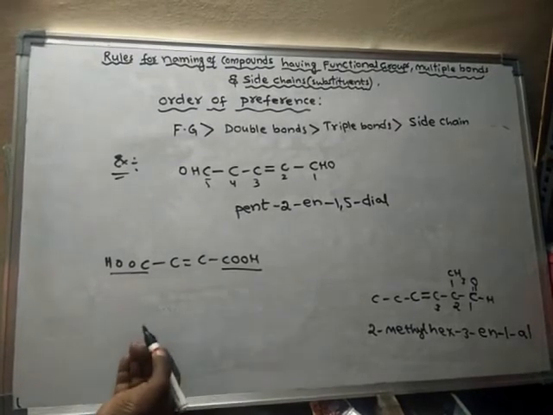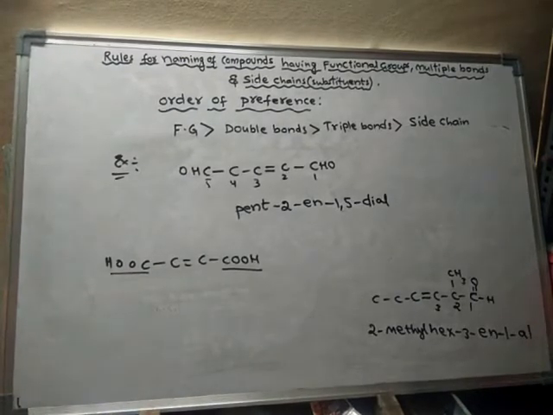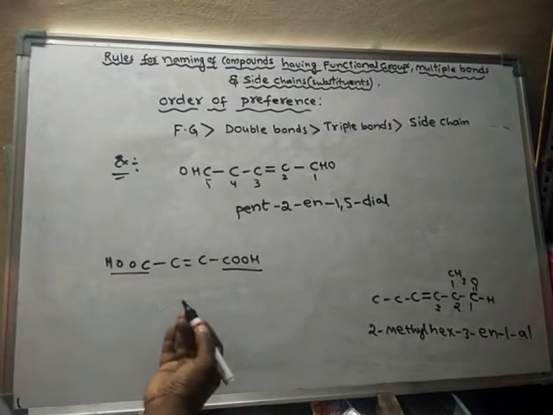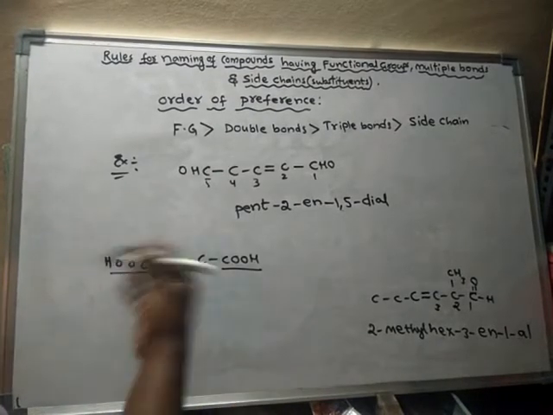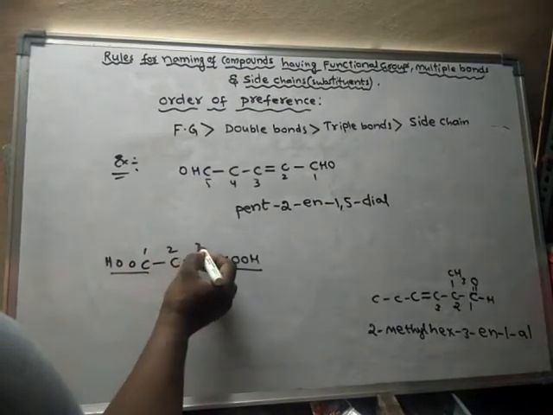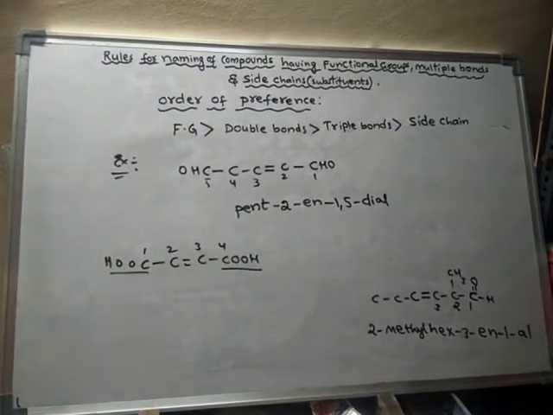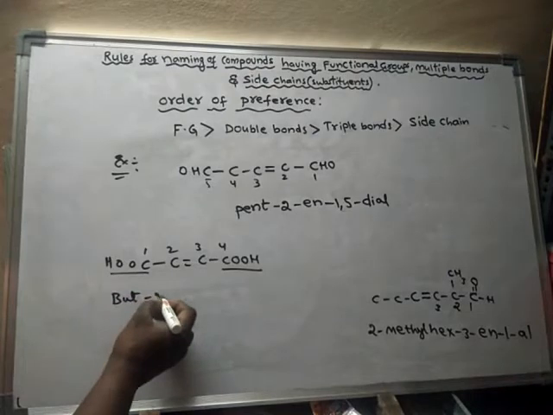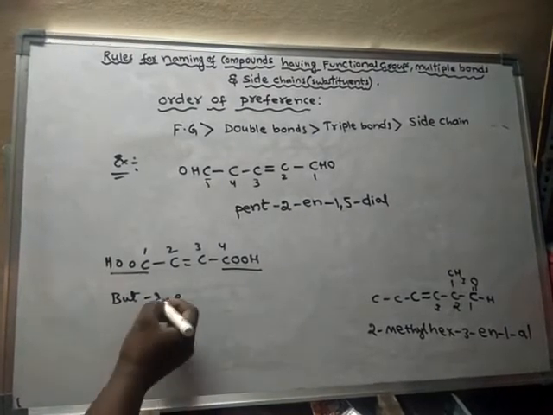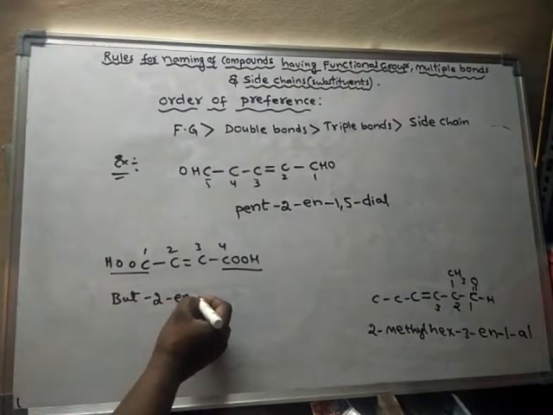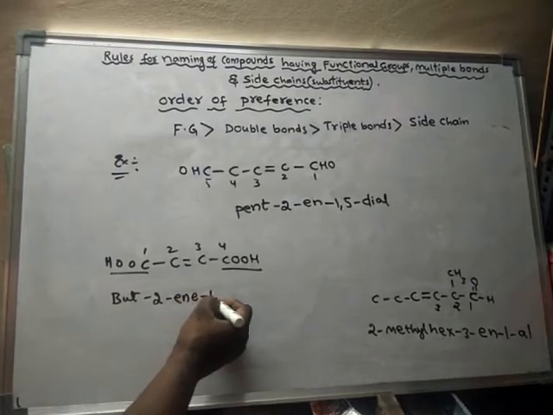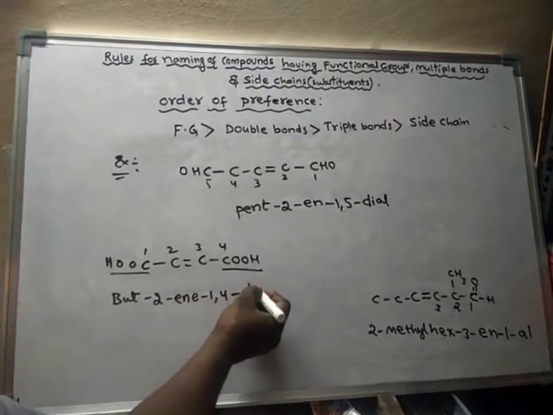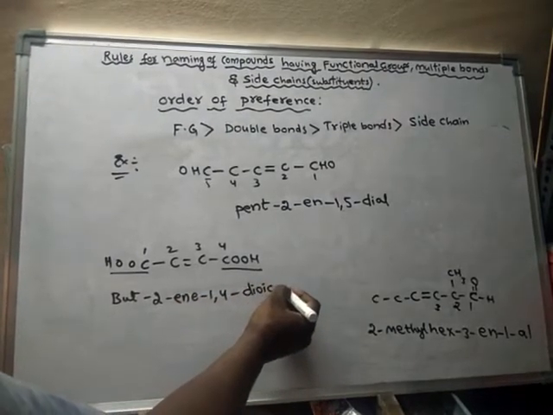It will be the same even numbering from left to right or from right to left. So 1, 2, 3, 4. Now the name of the compound will be butadiene 1,4 dioic acid.